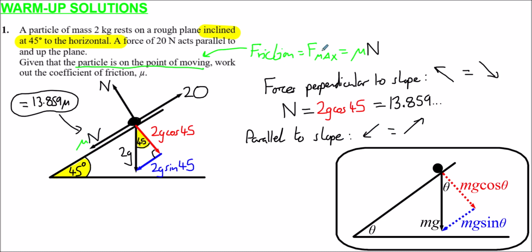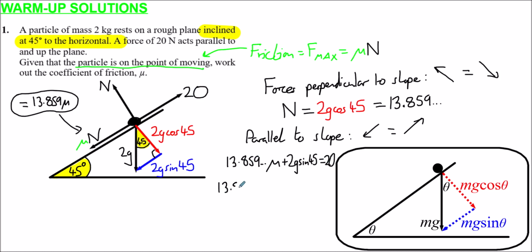So friction F max is going to be 13.859 mu, and we've also got acting downwards this 2g sine 45 force. They're the only forces acting down the slope. Acting up, it's just this 20 newtons pulling force. So these two acting together must equal 20.